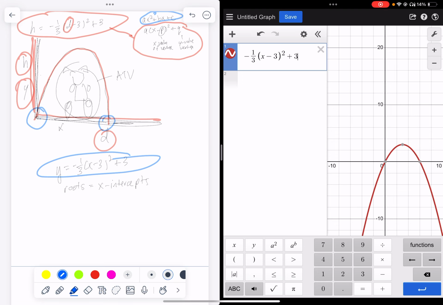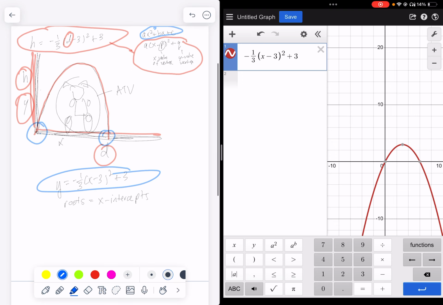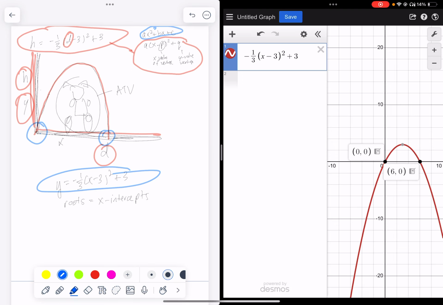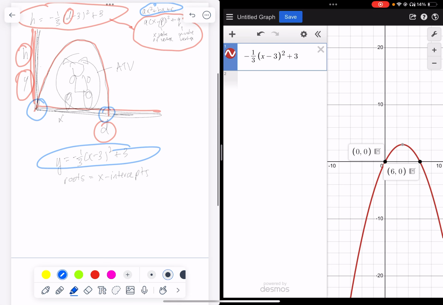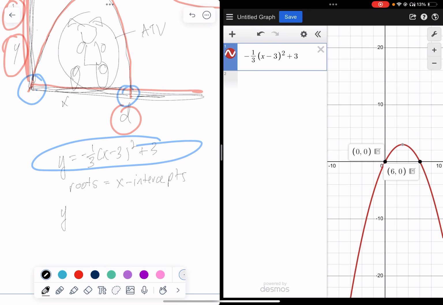Okay, that does make sense. So, where are the roots? I'm going to rewrite this into factored form. Y is equal to x minus 0, so that's just x. And when y is 0, x is 6.